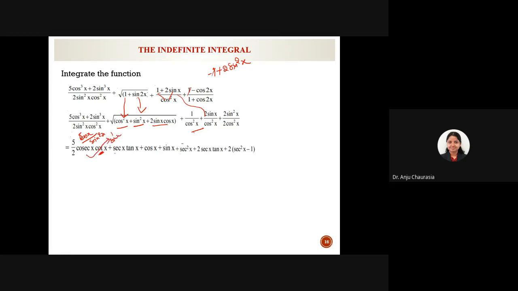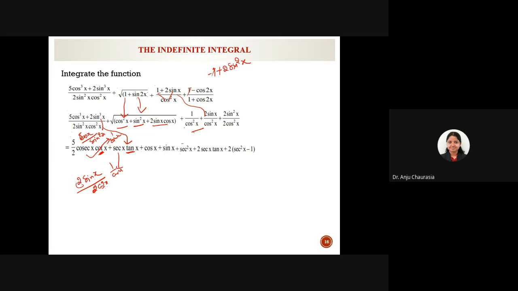Again, what they have done in this part has been discussed here. So this part is 2 sin x, because sin square x will cut, and 2 cos square x, 2 also will cut, sin x by cos x is tan x, and one cos x will be left here, that is 1 by cos x, which is sec x.